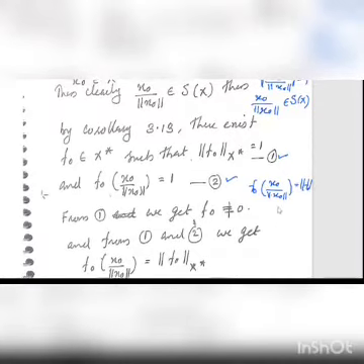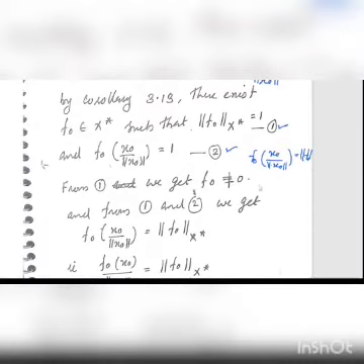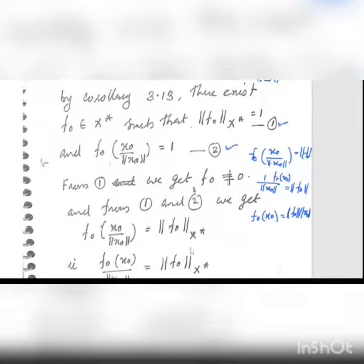Now, f naught is a linear functional, so I can write 1 by norm of x naught into f naught of x naught equal to the norm of f naught. Cross multiplying, you get f naught of x naught equal to norm of f naught into norm of x naught. Okay, so that's the case here.